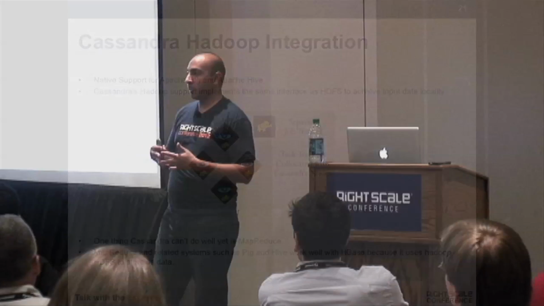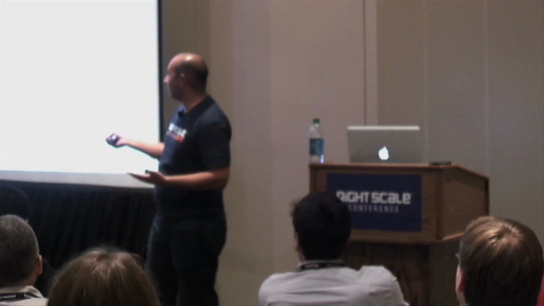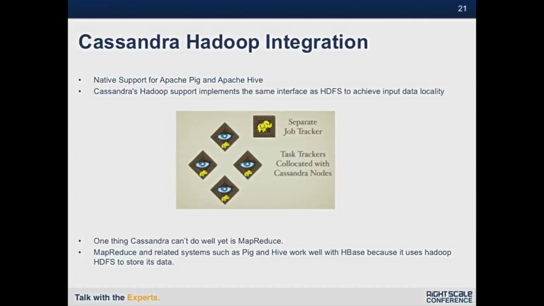So now I don't have to go through that additional process of loading that data. I can use, quite literally, the same nodes. And I could have my task tracker running co-located on the nodes where my Cassandra database is running. So now it's taking it to yet another level.